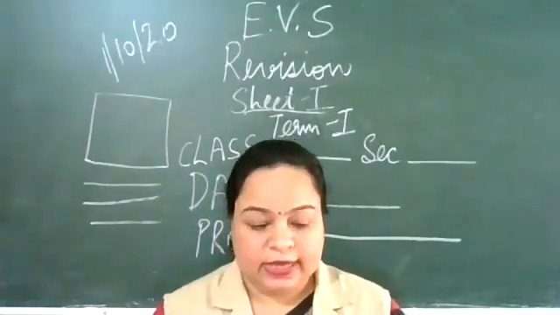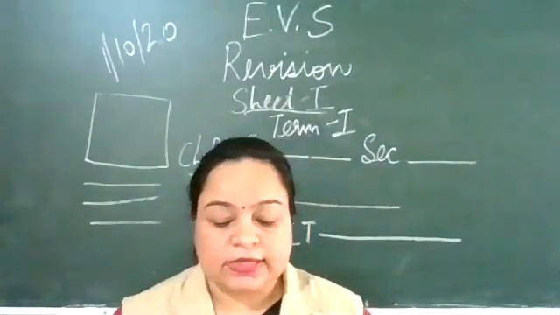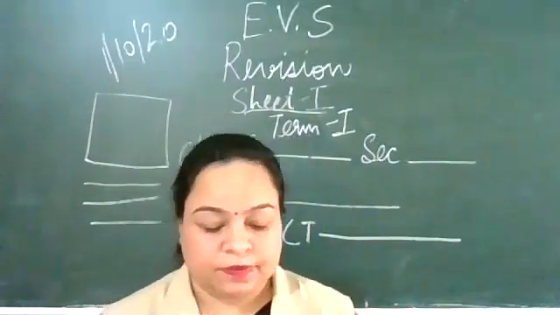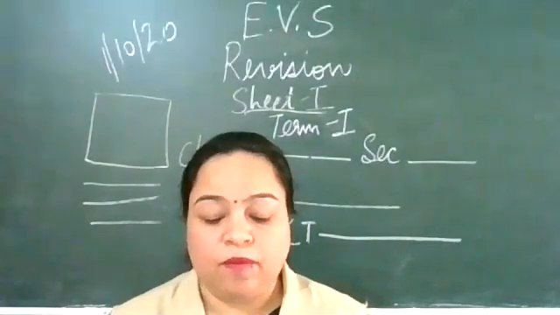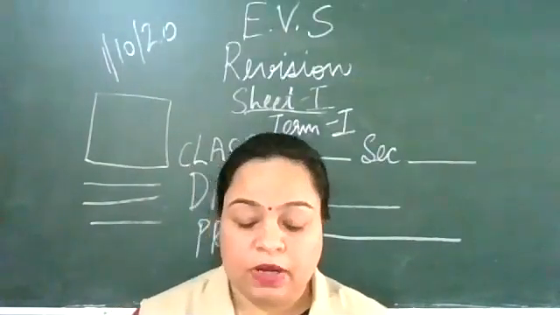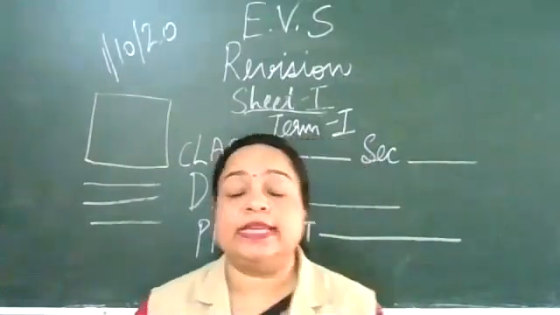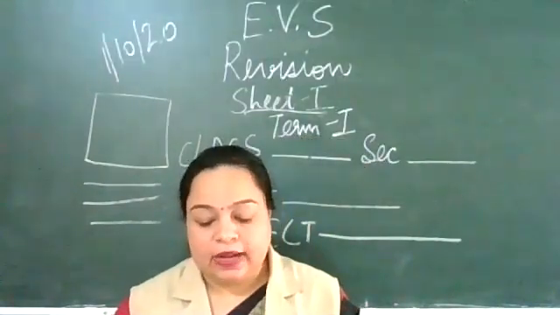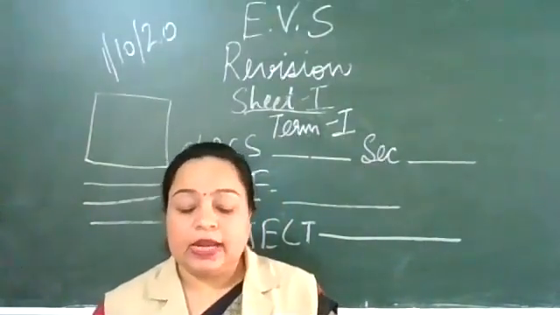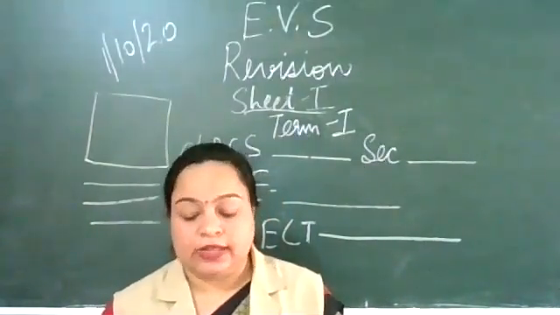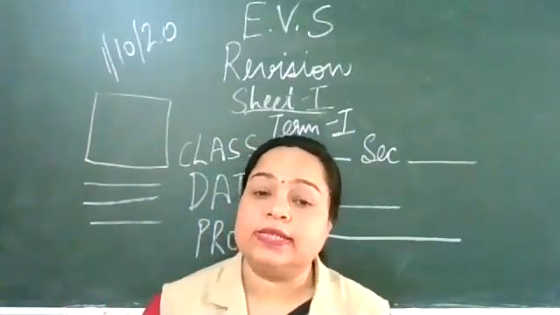The water cycle is the sum total of events in which water keeps moving from oceans and seas to the sky as water vapor, and then back to land in the form of rain and snow.